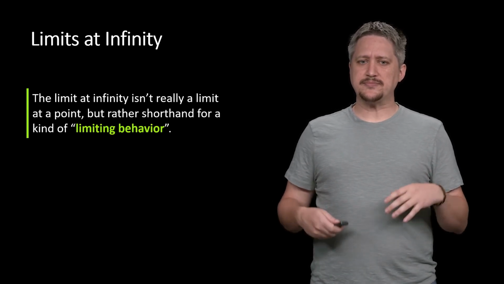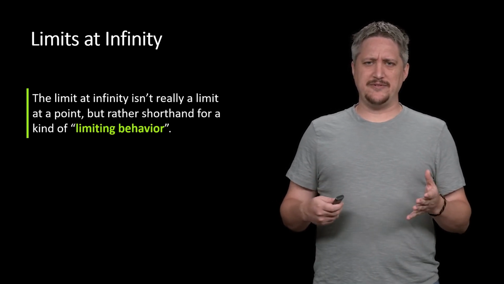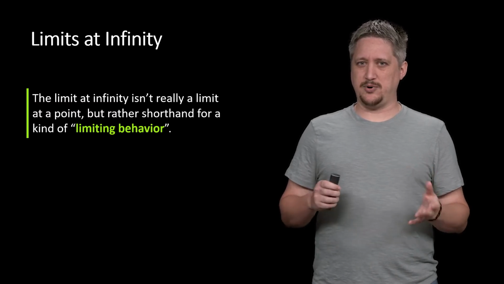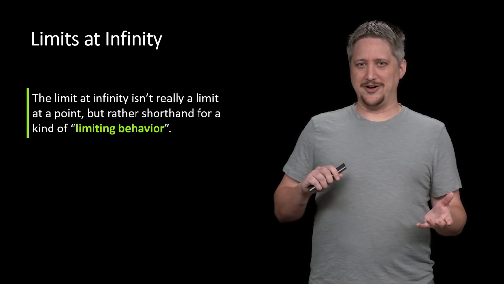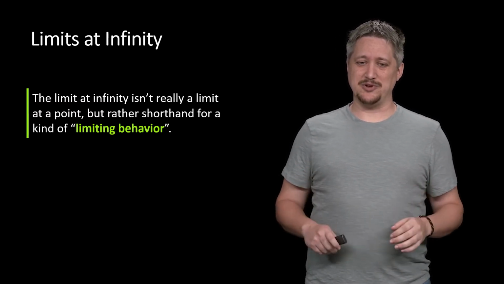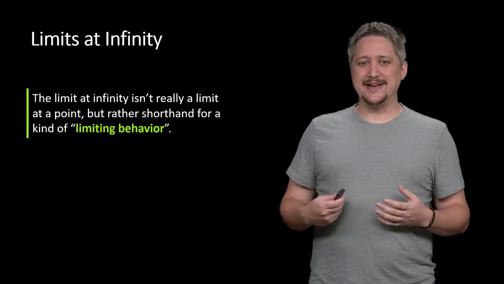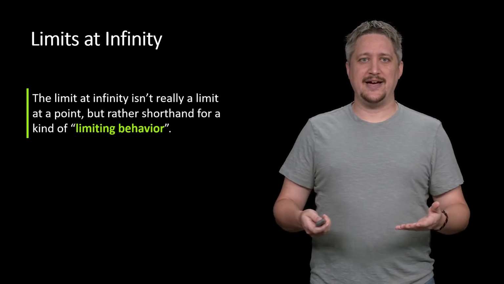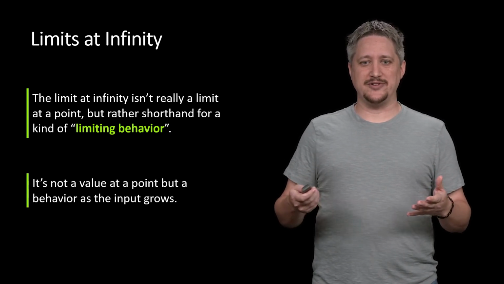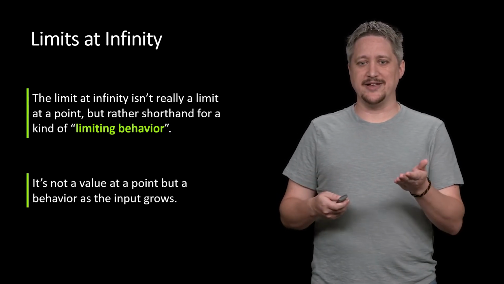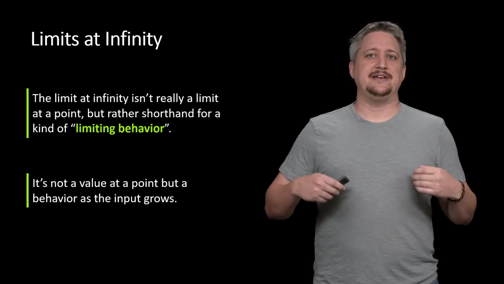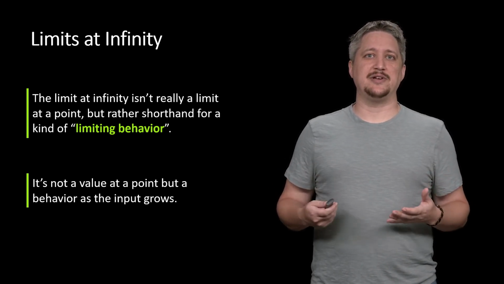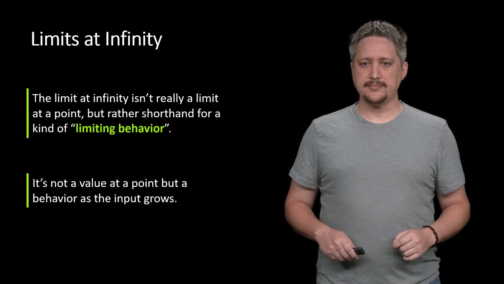So these are limits at infinity. Remember, in our limits at infinity video, we talked about how the limit at infinity isn't really a limit at a point. It's what we call abusive notation, but it's basically a shorthand for a limiting behavior. What's it doing as the input is getting bigger and bigger? So it's not a value at a point, it's behavior as the input gets larger and larger and larger.